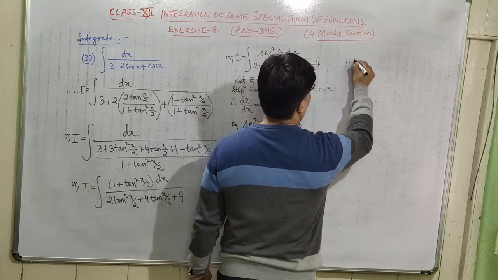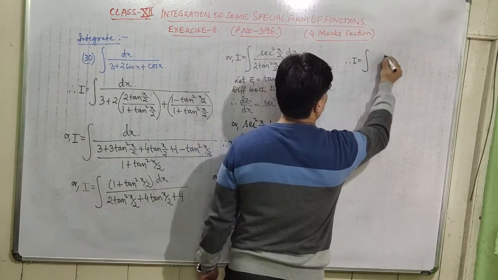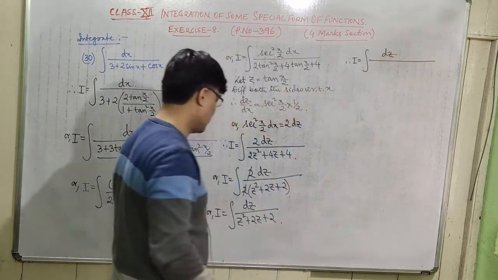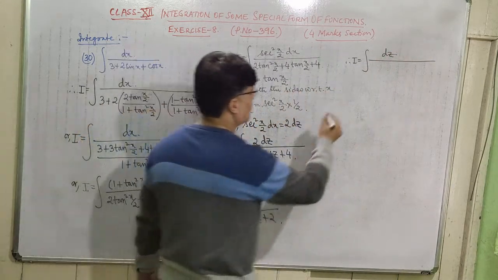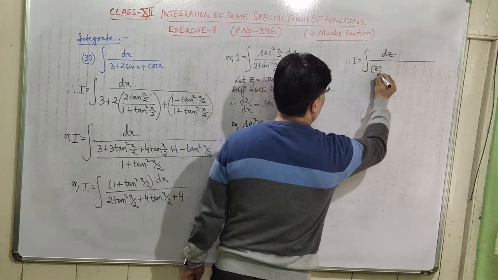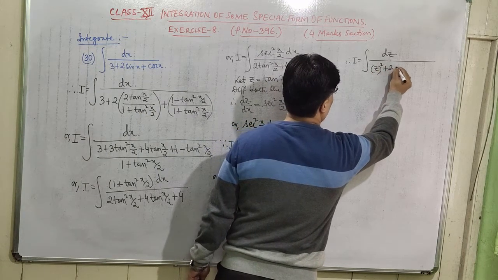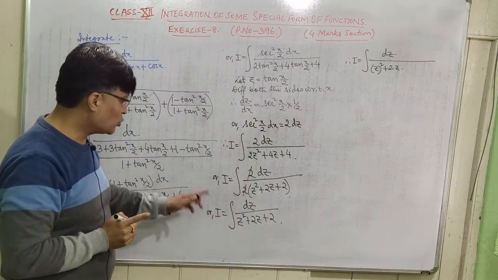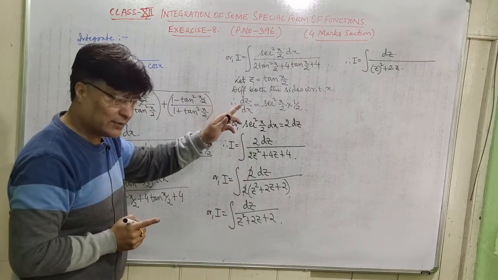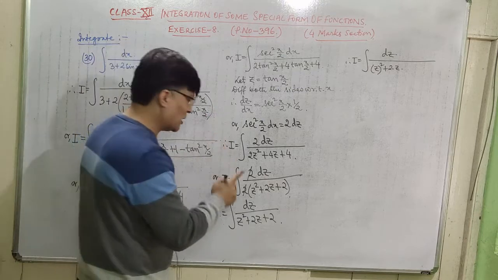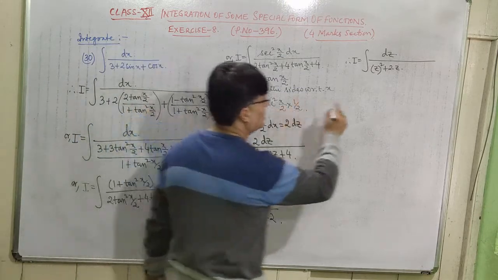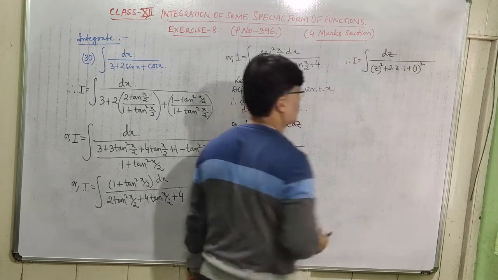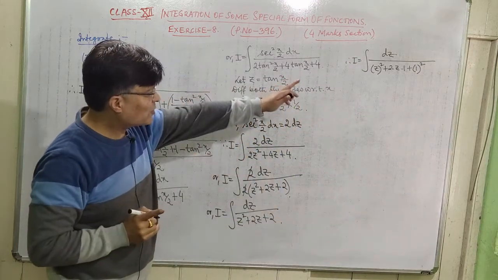So therefore I is equal to integration of dz divided by a whole square. What is a whole square here? It is z whole square plus 2 into z into b. That is 2 into z. Here is z. What should be the value for b, so that we can have 2z? This 2z should be multiplied by 1 plus, what is b whole square? 1 whole square. So we are getting the first two terms.